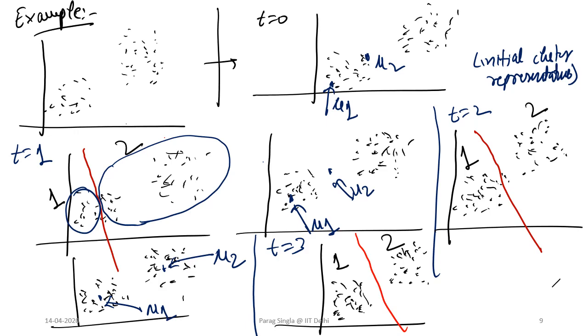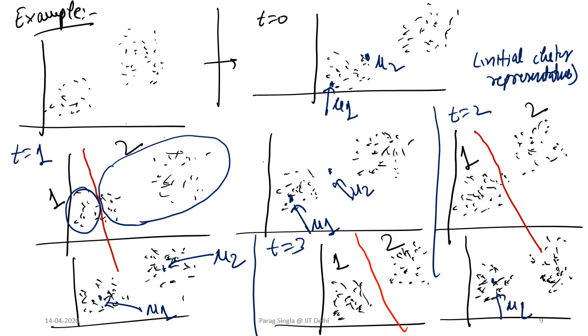Correspondingly we would have the cluster representatives mu1 and mu2, which will essentially be the points here and points here, and mu1 and mu2 would be somewhere here. This is the time t equal to 3.